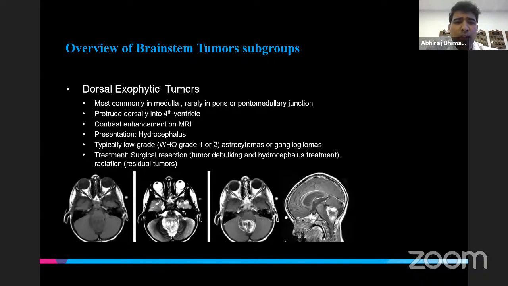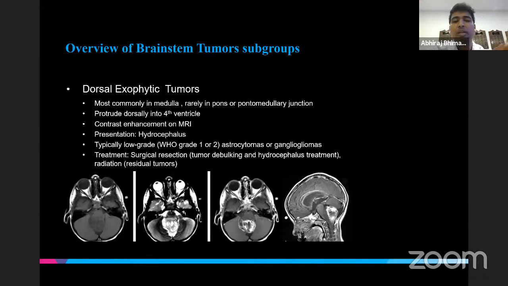Typically, they're low-grade WHO 1 or 2 astrocytomas or gangliogliomas, and the treatment for these tumors is surgical debulking and treatment for hydrocephalus. Generally an ETV initially, followed by tumor debulking. The goal of surgery for these patients is to debulk the tumor as much as possible, especially the exophytic component.